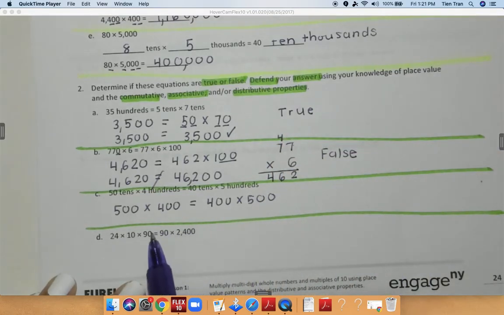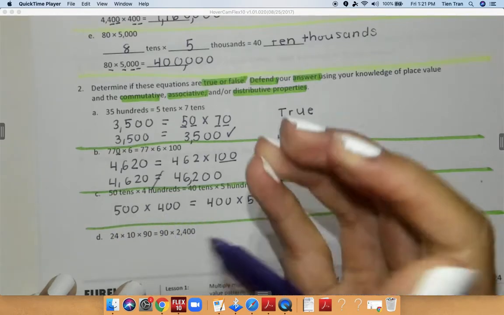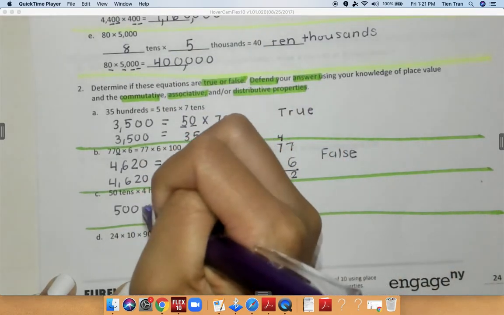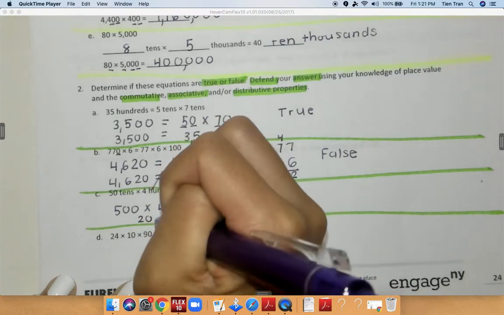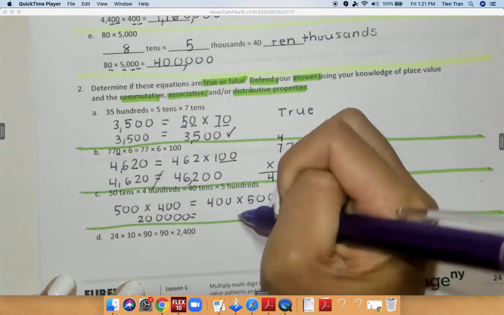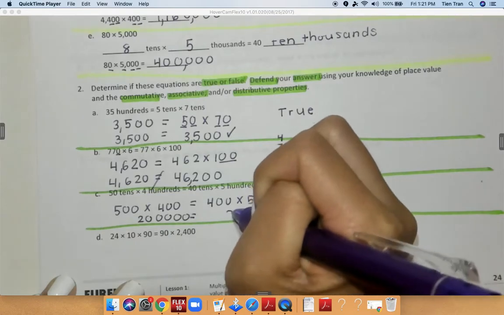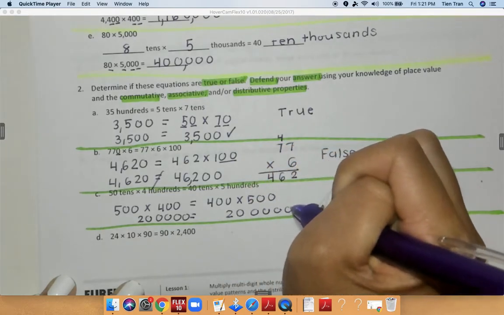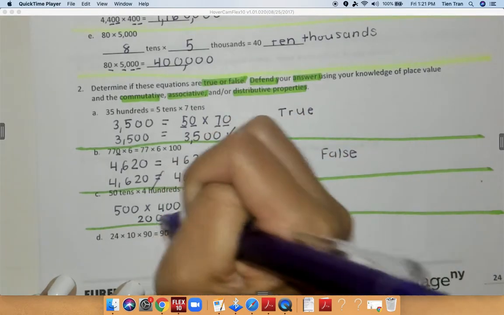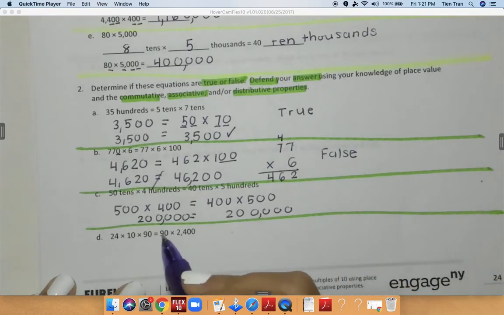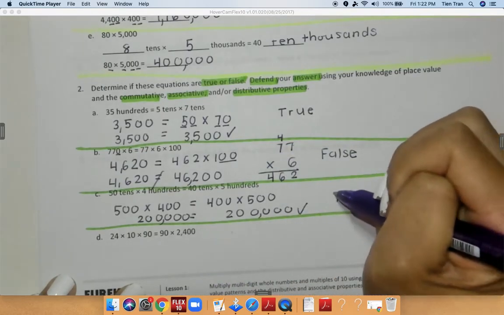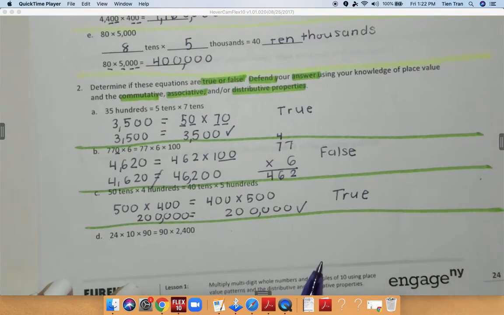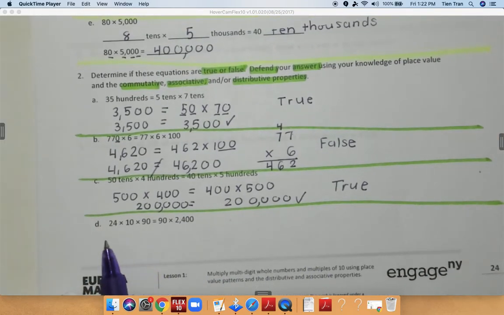The only difference is that they switch the numbers around. So 500 times 4 is equal to 20, and then I add my 4 zeros. Same thing over here. 4 times 5 is equal to 20, and then add my 4 zeros. So my final answer is going to be 200,000 is equal to 200,000. That is true.